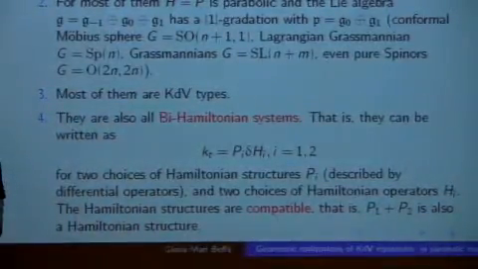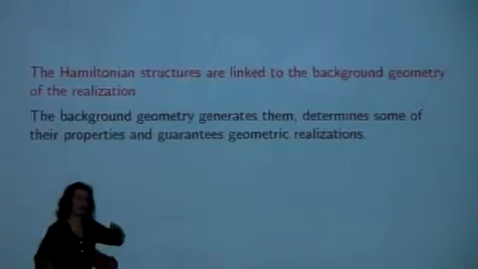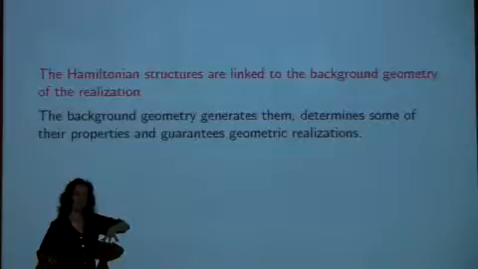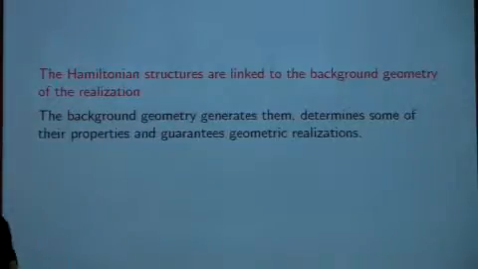These Hamiltonian structures are actually linked to this background geometry where I'm realizing them, and I want to show you how this comes about. The background geometry, where I'm realizing these equations, actually generates the structures and gives some of the properties and guarantees that there is such a geometric realization.